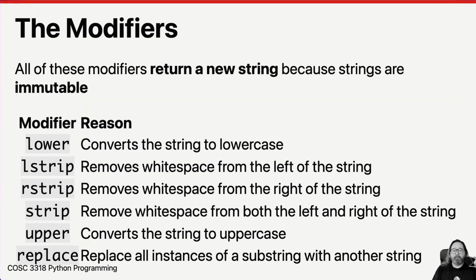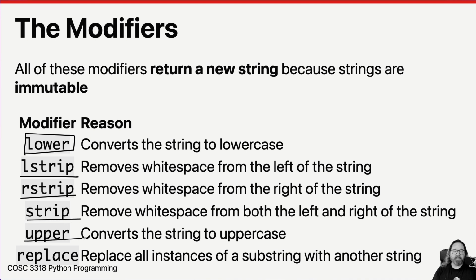We also have some methods on strings that will create a new string. Remember, strings are immutable. They're just like tuples. So if we do something with them, we create a new string. So we can call dot lower on a string and it will return a new string that has a copy of the old string, but all of the letters are now lowercase. And we can strip the white space from the left, strip the white space from the right, or strip the white space from the left and right.